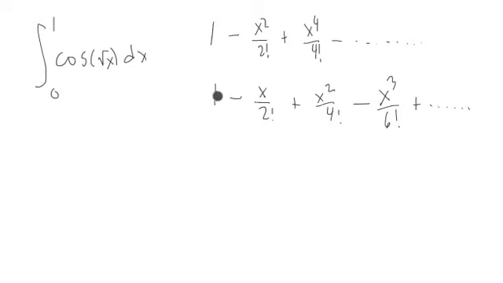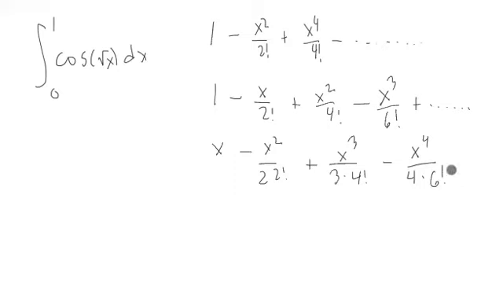Now, if we took an antiderivative of this, we would have x minus x squared over 2 factorial plus x cubed over 3 times 4 factorial minus x to the fourth over 4 times 6 factorial and so forth.